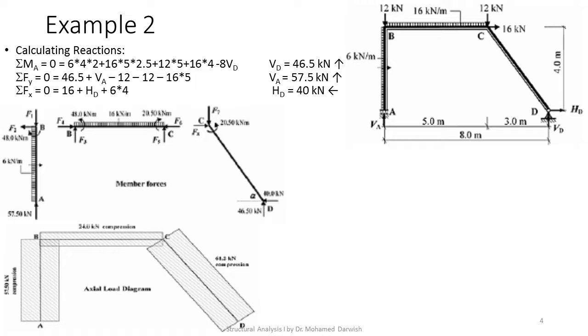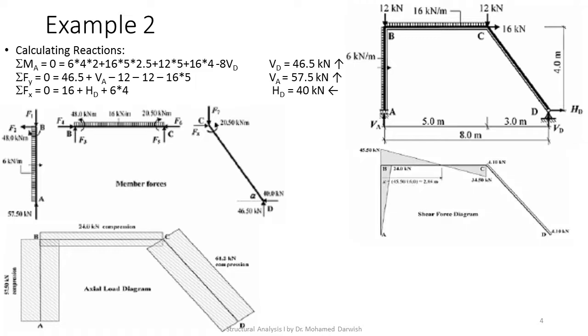Now let's look at the shear force. The shear force is now perpendicular to the member. It's not parallel to the axis. It's perpendicular to the member. So if I take a section at A, that's a roller. I don't have any force at A. Exactly at A, there is nothing. So it's 0.